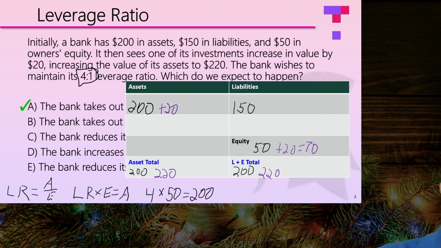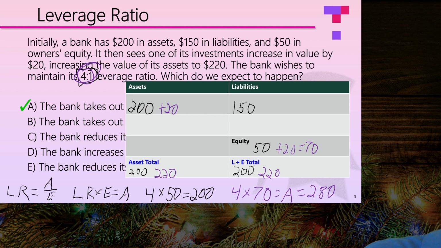If we want to maintain our 4-to-1 leverage ratio, we need our leverage ratio of 4 times our equity of 70 to equal assets, which means we need assets to equal 280. So what is the bank going to do to get that to be the case?